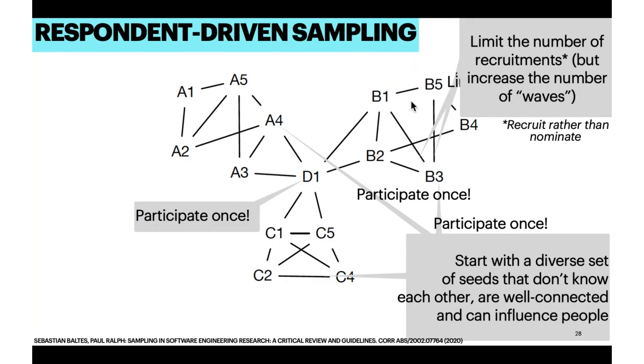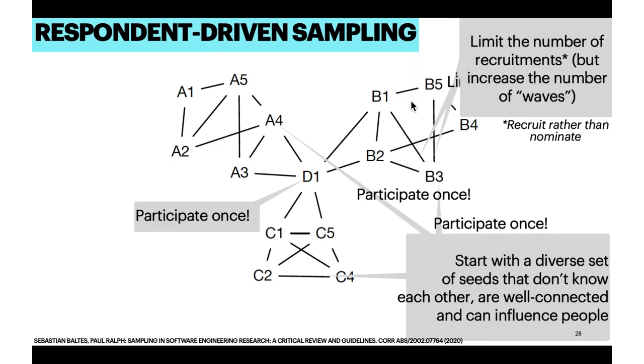As I said, we need to limit recruitment such that each participant can only recruit a small number of peers, typically 3 or 2. This will essentially prevent highly connected people, such as D1, from biasing the sample.